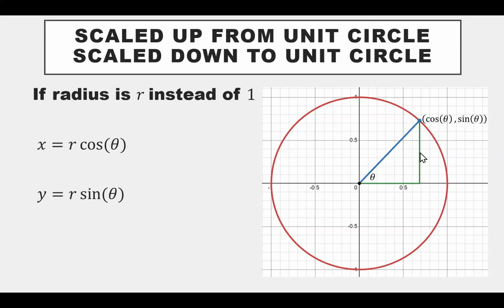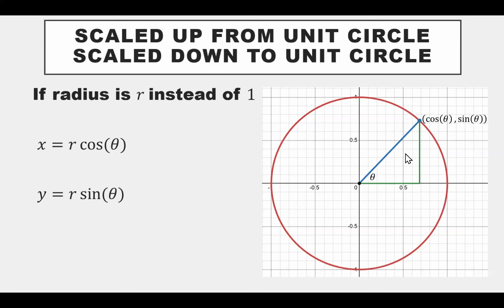That gives us a right triangle with hypotenuse 1. If we use that right triangle with hypotenuse 1, then we get the exact same definitions. Cosine of theta is this length along the x-axis divided by 1, so it's just cosine of theta. Sine of theta is the length parallel to the y-axis divided by 1.